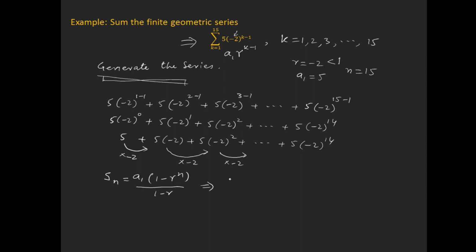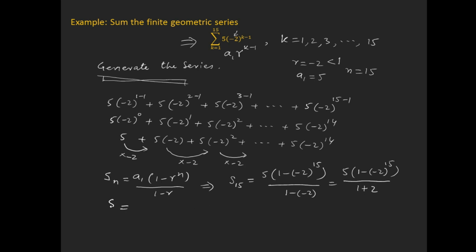Now putting the values, n is 15, so S15 is equal to first term 5 times 1 minus minus 2 power n, 15, and then 1 minus r is 1 minus minus 2, so we are getting 5 multiplied by 1 minus minus 2 power 15, divided by 1 plus 2, which is 3.